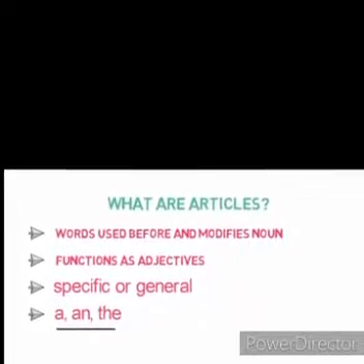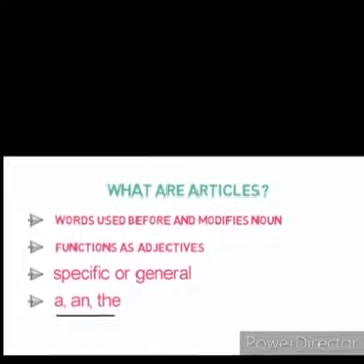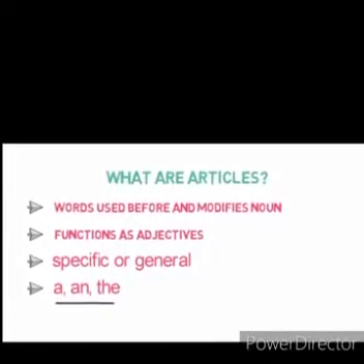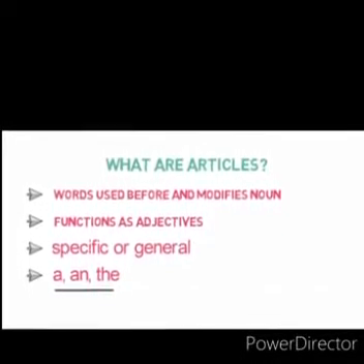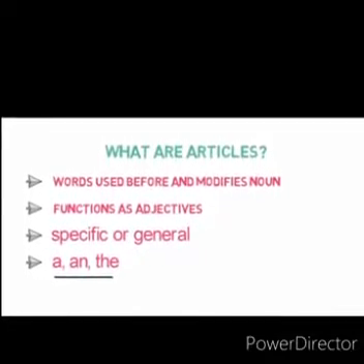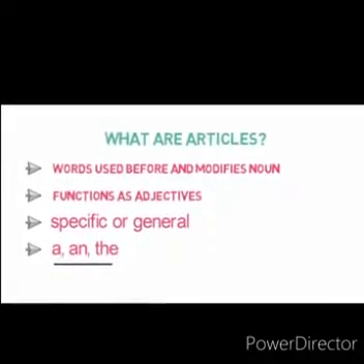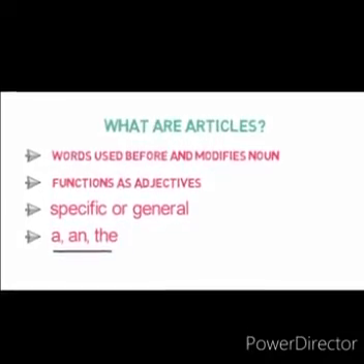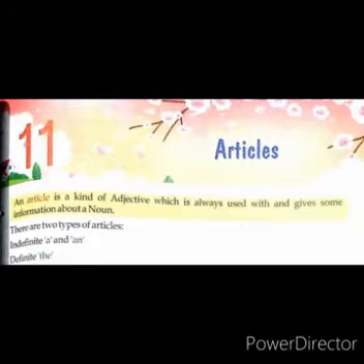Articles define whether a noun is being used in a specific sense, that means in a particular sense, or in a general sense. Therefore, we can say that an article is a kind of adjective which is always used with a noun, and it gives some information about a noun.